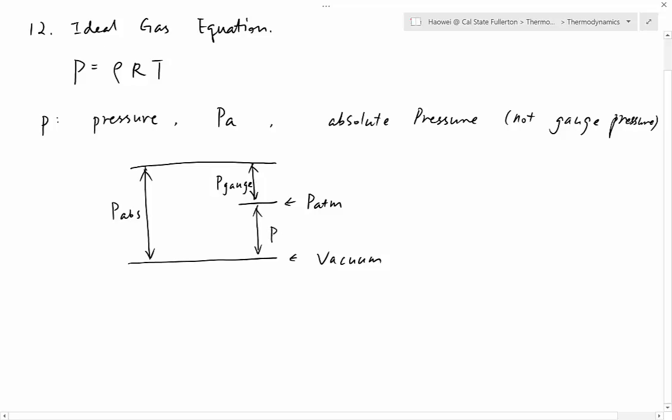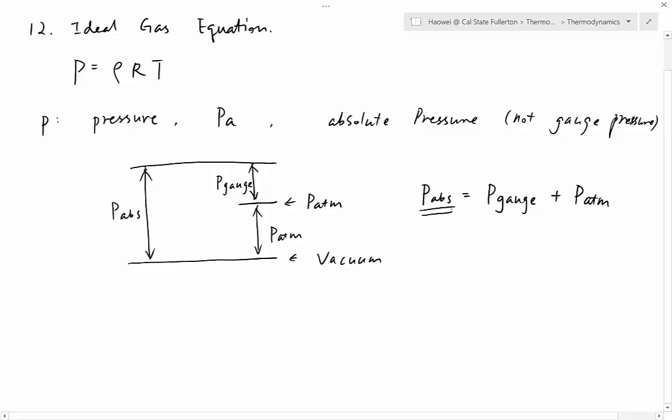Here is PATM. The relation between P gauge and PABS is like this. PABS must be equal to P gauge plus PATM. And in ideal gas equation, we have to use PABS.